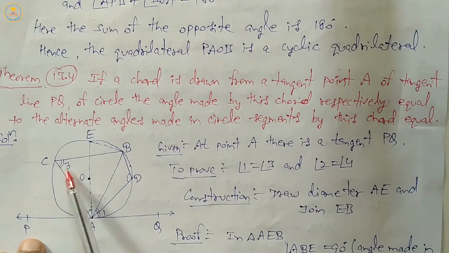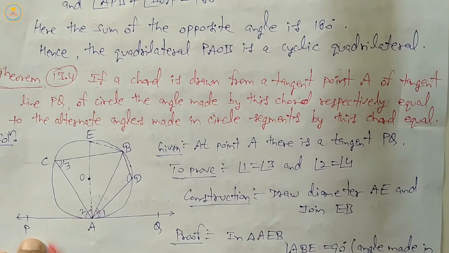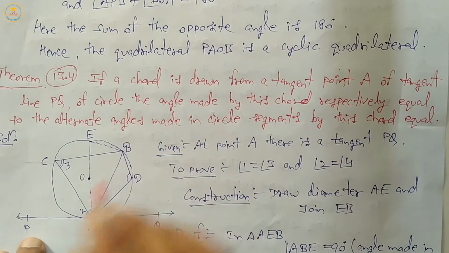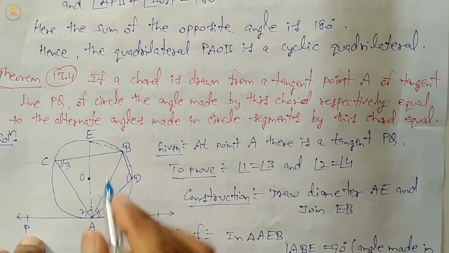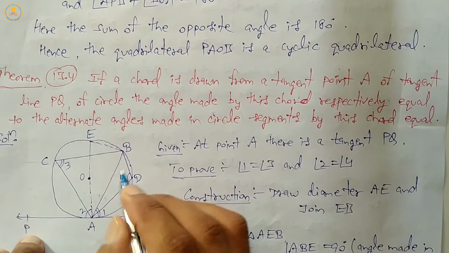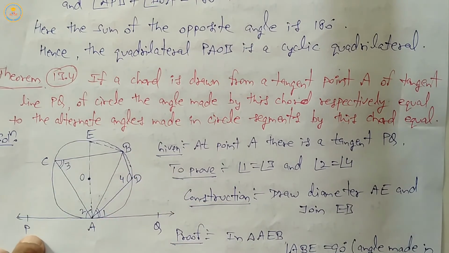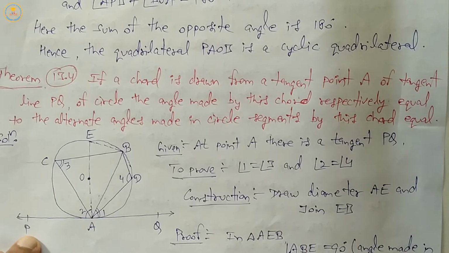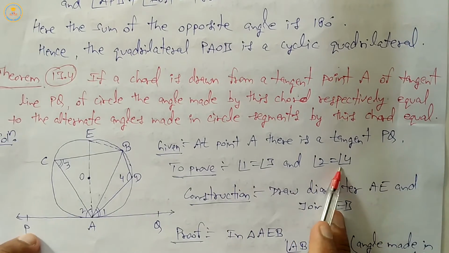Angles made in the same segment, 2 equal 4. Then clear that 1 equal 3 or 2 equal 4, we prove.